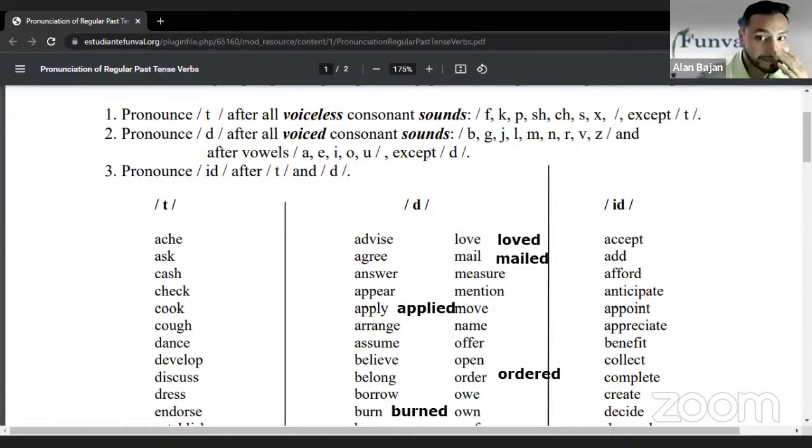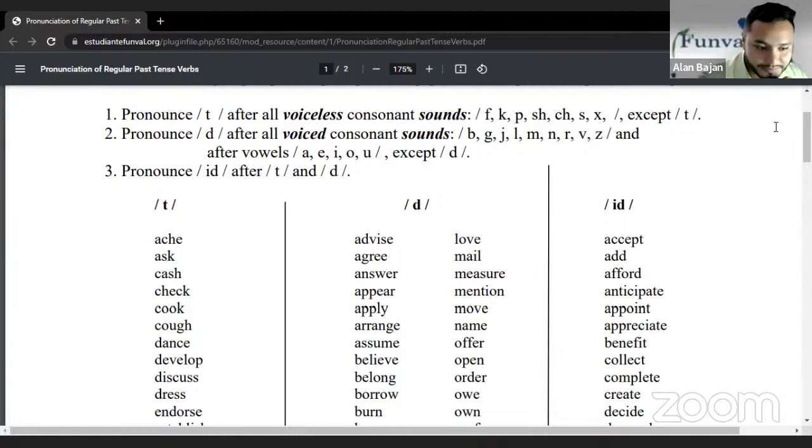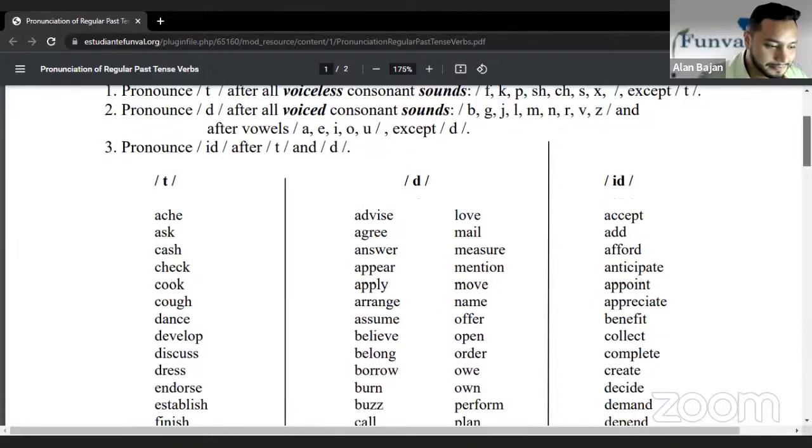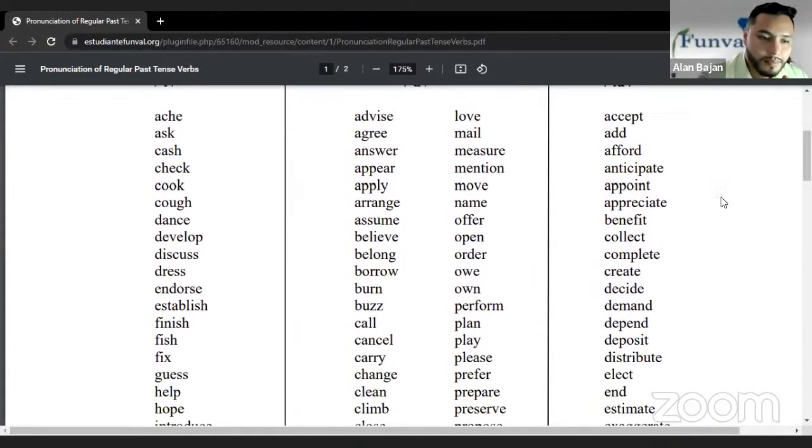Questions so far? Don't forget the vowels. Luis? Yes, I have a question. For example, can I use connecting speech for the rules? For example, I order always my books.